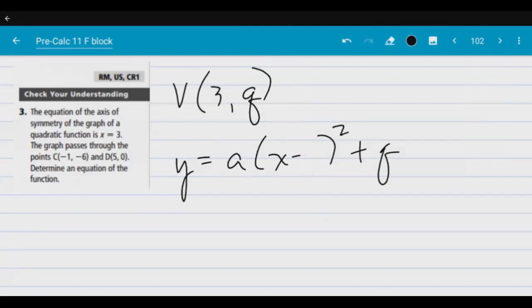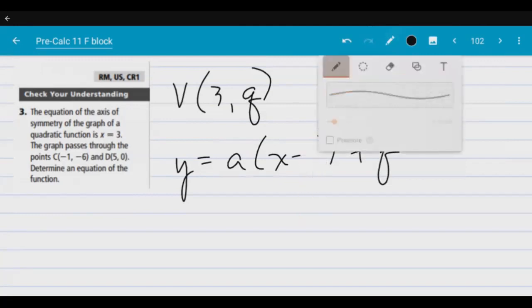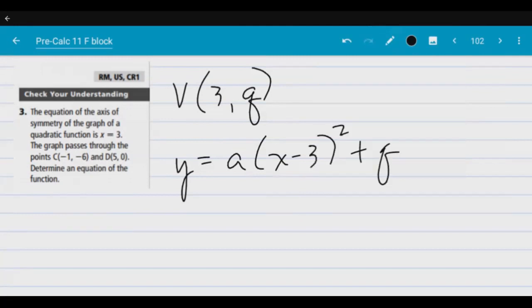So let's replace that with a 3. This is what we have so far. We have 4 letters to go. This x and y can be replaced by one of these 2 points, right? So let's use this point first for now.